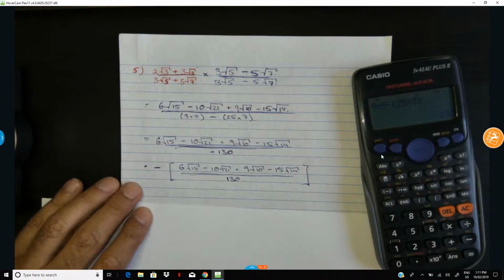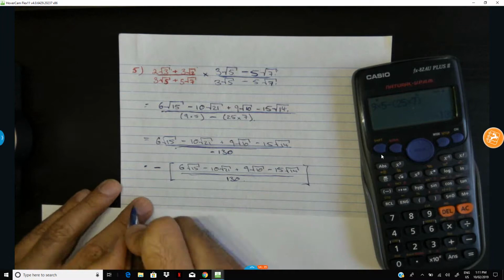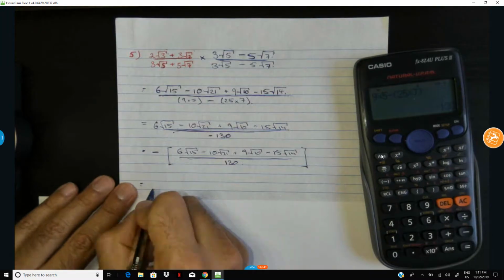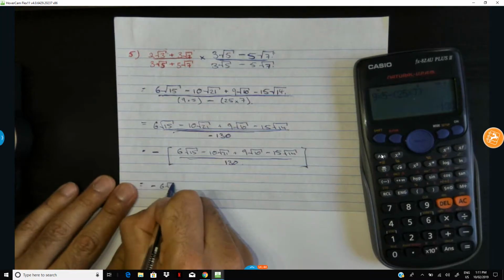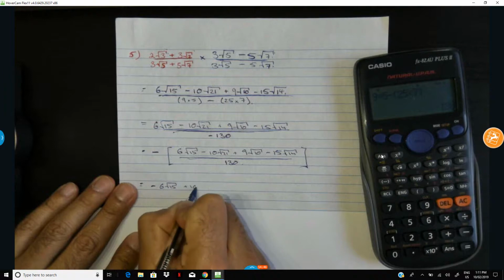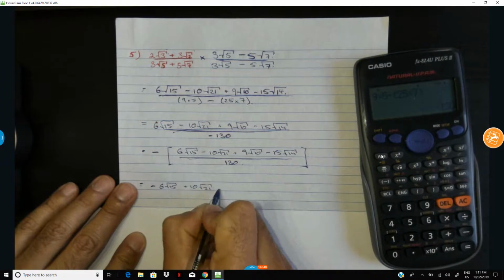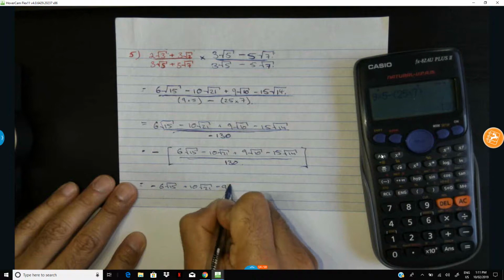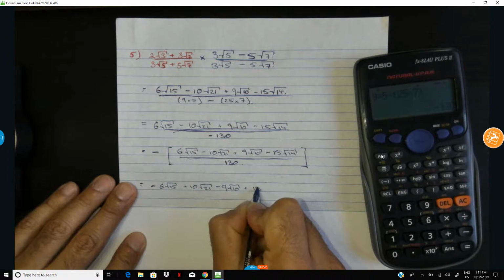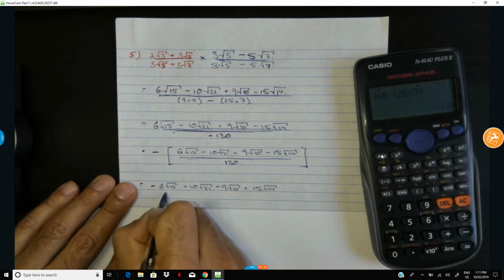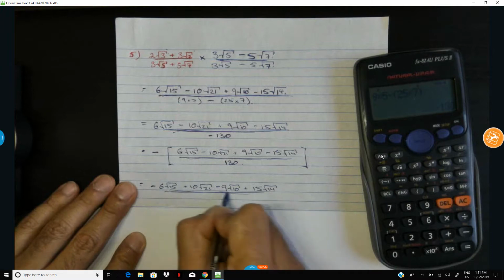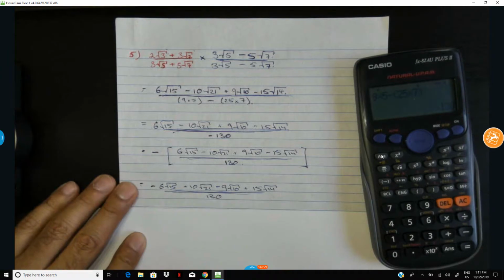Notice that I put it in brackets. If we wanted to put it out the front, it would be minus 6 square root 15 plus 10 square root 21 minus 9 square root 10 plus 15 square root 14. If you take out the sign, it's just going to change all the signs at the top, and that should be your final answer.